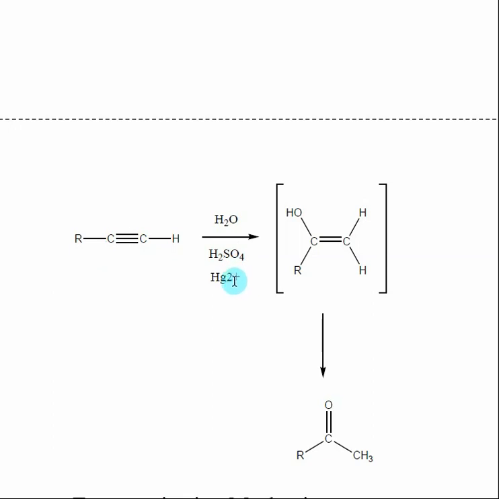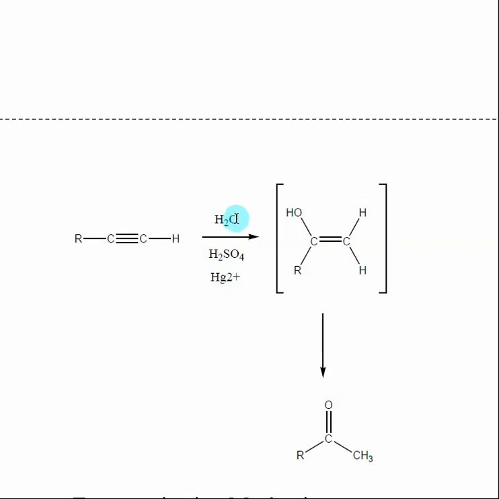So the reagents are going to look similar, but a little bit different. Because this is a little bit harder than normal, we have to add mercury, Hg2+, to promote this reaction. So it still has water and H2SO4, but we're putting mercury in there. And we've already kind of seen this mechanism. The mechanism is the same as when we were talking about alkenes.